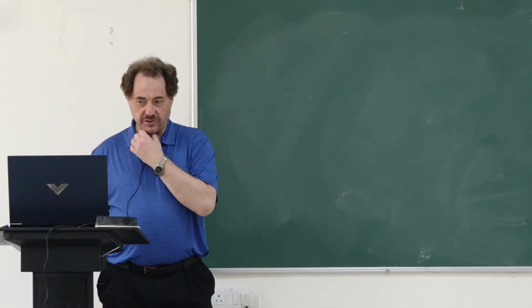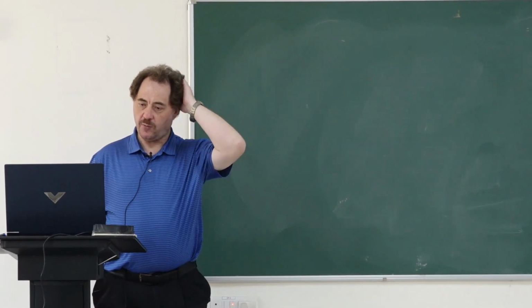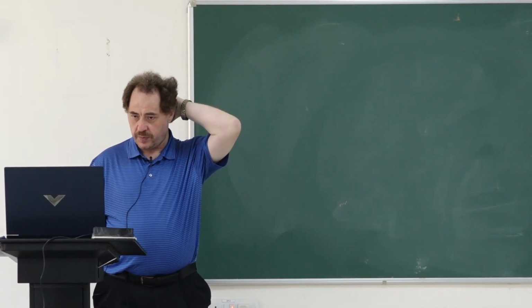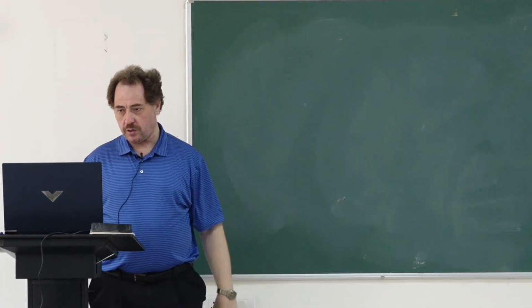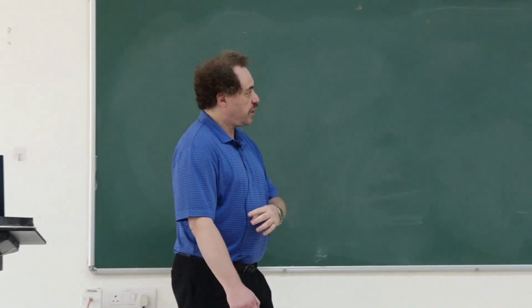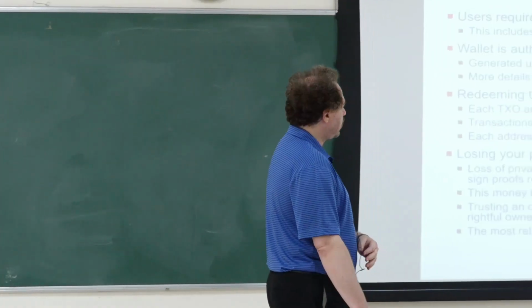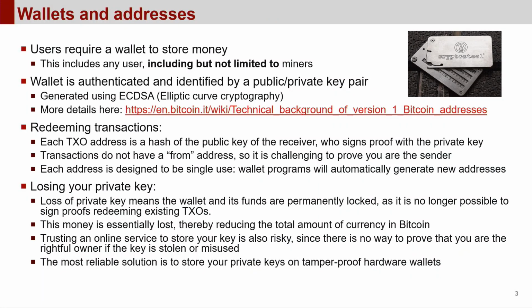So wallets and addresses. So users require a wallet to store money, and that includes any user. And now we can see a bit of a use of cryptography. So a wallet is both authenticated and identified by public-private key pairs.